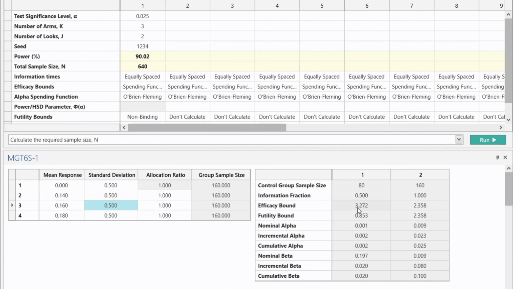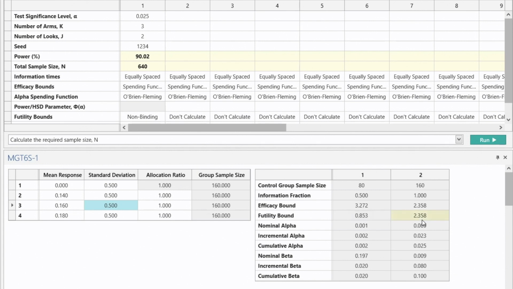In other words, if at least one of the arms was this successful, we would stop early. However, if the maximum effect was below 0.853, we would stop early for futility. In other words, if all of our arms were below this threshold, we would stop early for futility. Although, given it's a non-binding bound, we would have the option to continue, although it would not be recommended.